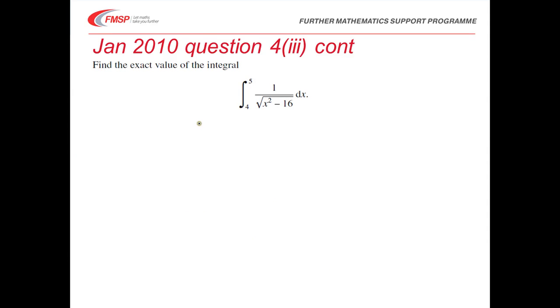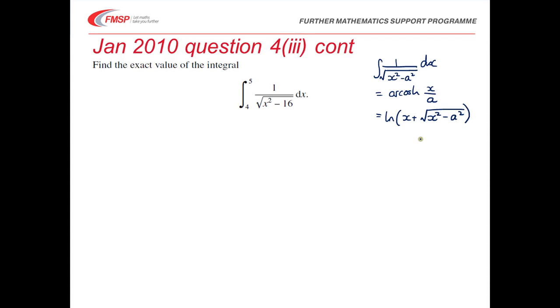Finally, we're asked to find the exact value of this integral. So if we look in the formula book, we find that there's a formula for the integral of 1 over root x squared minus a squared, and it's arcosh of x over a, which is log of x plus root x squared minus a squared.